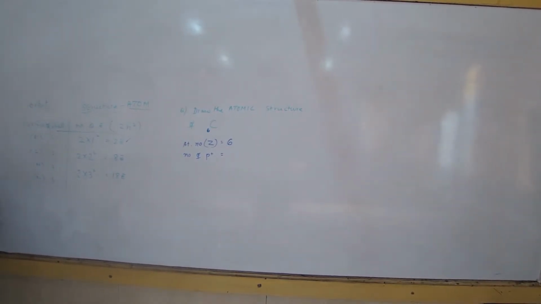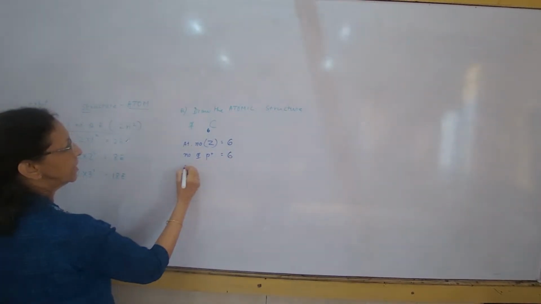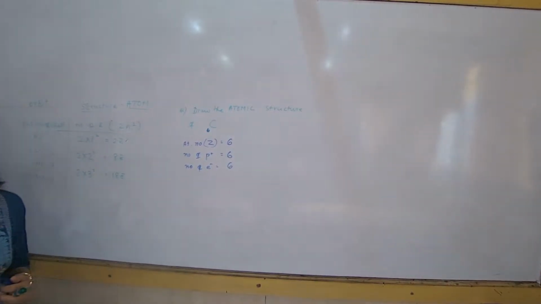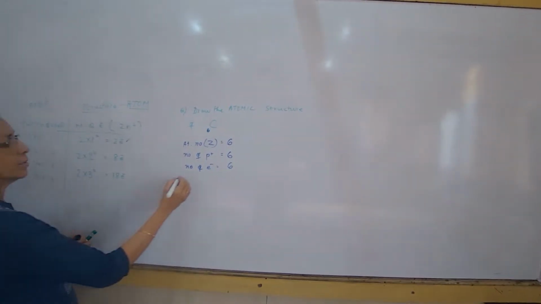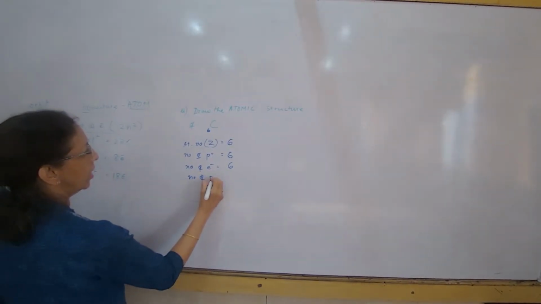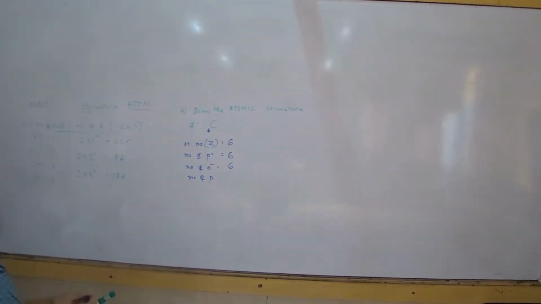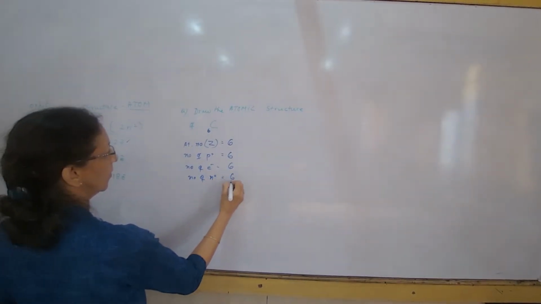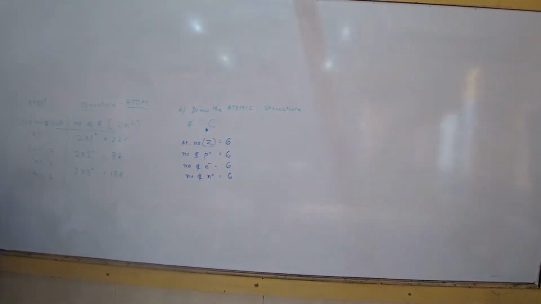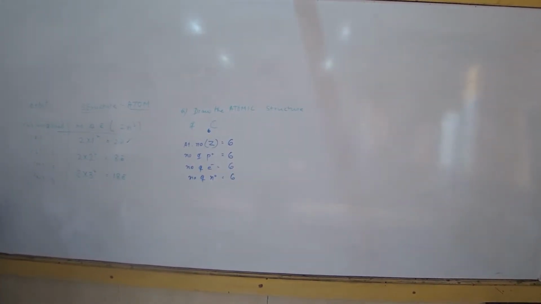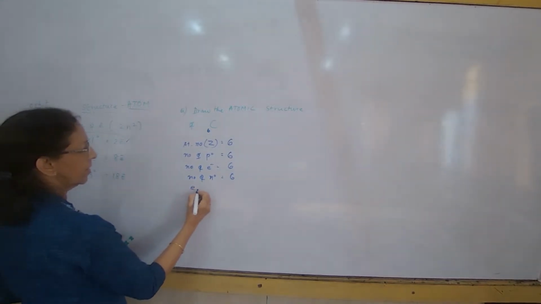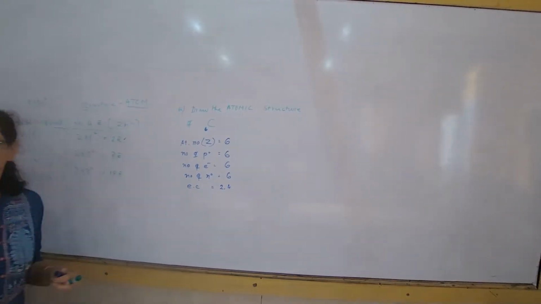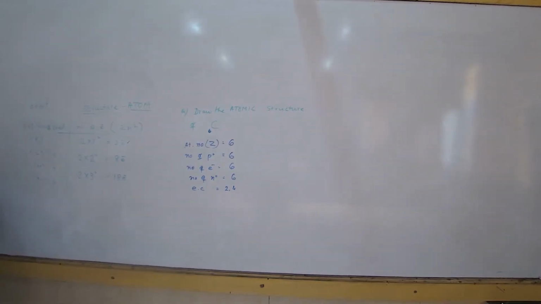Correct. How many electrons will be there? 6. And I am also telling you that the number of neutrons will be also 6. Now, I want you to also write down electronic configuration. Easy. 2,4. Yes. 2 electrons in the first orbit and remaining 4 will come in the second orbit.